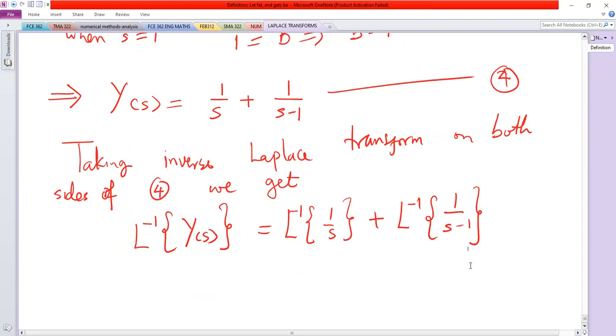And so y of t will be given by 1 plus e raised to the power t. So this is the solution to the given initial value problem. Thank you.